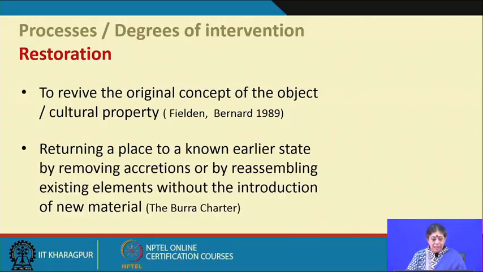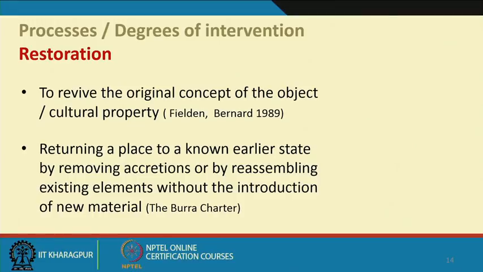I am also giving another example, the Burra Charter. The Burra Charter defines restoration as returning a place to a known earlier state by removing accretions or by reassembling existing elements without the introduction of new material. One has to see that there are differences between these two definitions, and each and every case is very different.